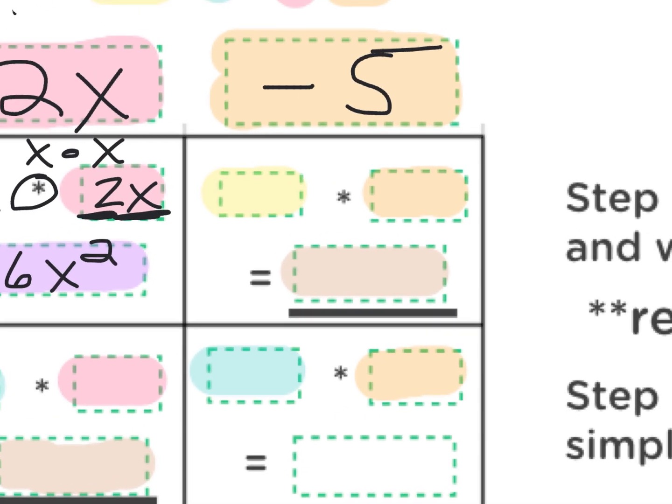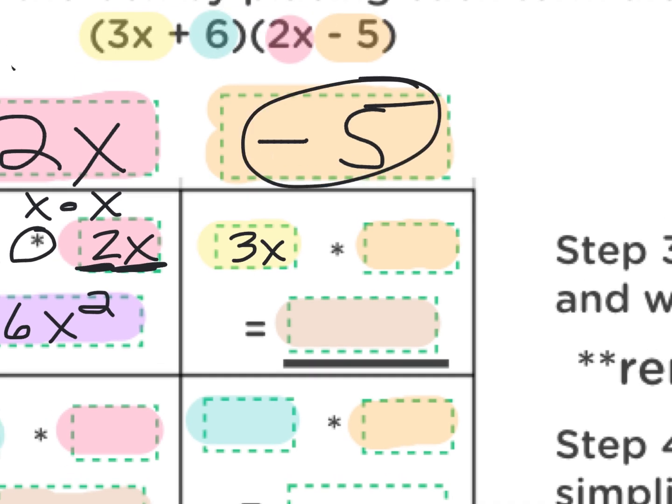So this box will multiply 3x times the -5 that is here across the top of the box. So then we multiply 3 times -5, which is -15. And this time we only have 1x, so this will be -15x.